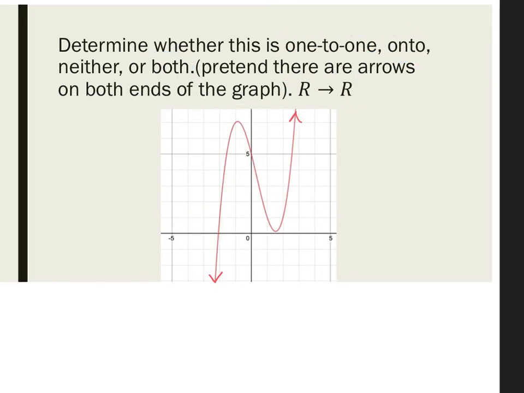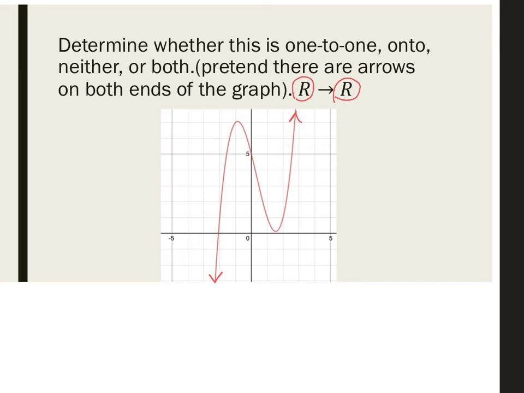This one's similar. Again, notice the domain is all real numbers. The range is also all real numbers. So the question is, is it 1 to 1, onto, neither, or both? Do you see that it fails the horizontal line test? So it cannot be 1 to 1. The second that it doesn't pass both, it cannot be 1 to 1.